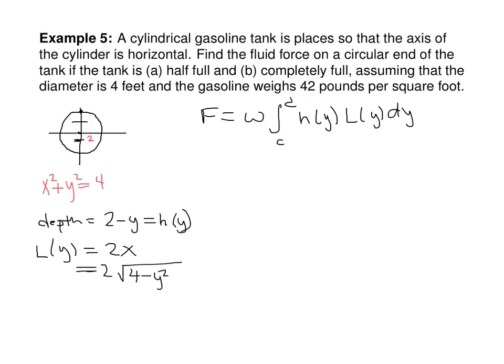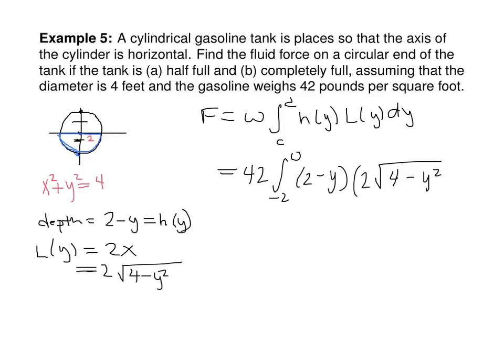Now in this case, because my tank is half full, the bounds on my integral are -2 to 0. So y being -2 corresponds to the bottom, 0 is the halfway point, and the weight density is 42. So our integral is 42 times the integral from -2 to 0 of 2 minus y multiplied by 2 root 4 minus y squared dy.